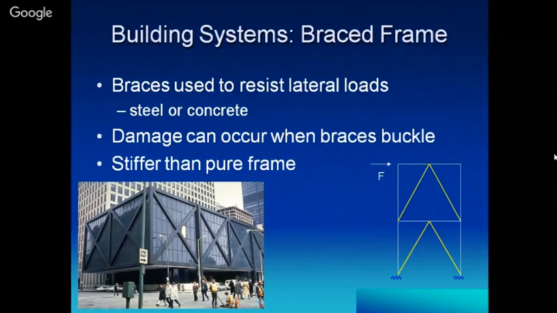Building systems, brace frame. This is one type of brace frame, which we use in retrofitting, or you can say it is a system being used everywhere nowadays for increasing the lateral load resistance of the building.